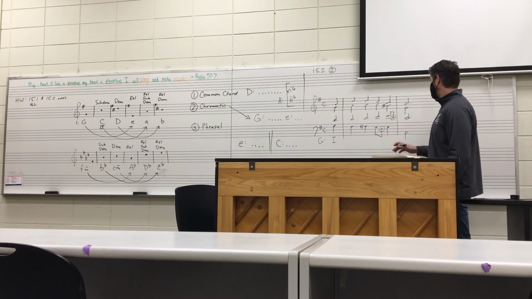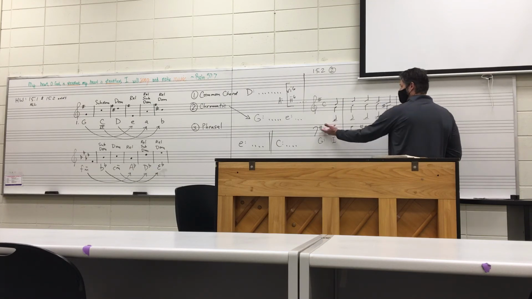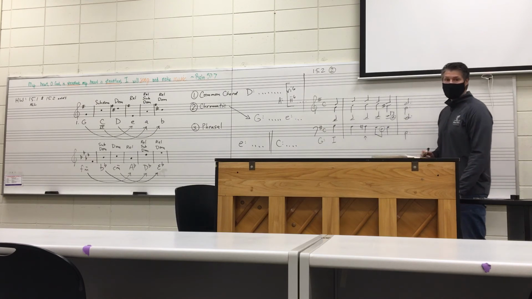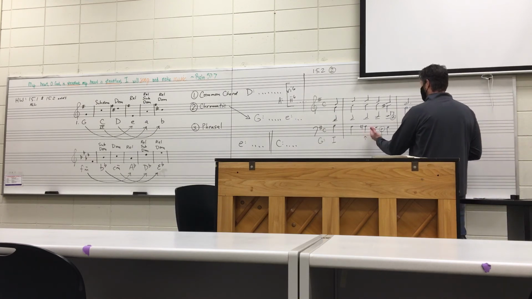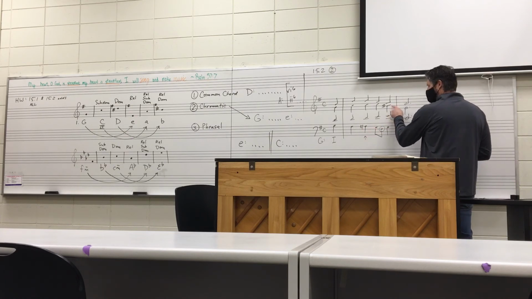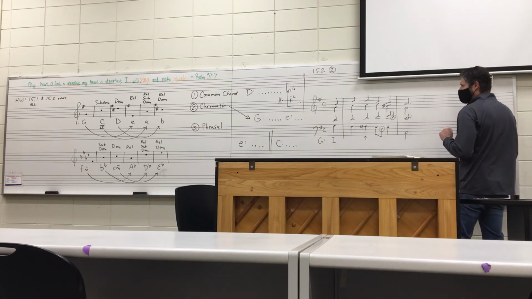So I notice my first accidental here is an F natural. I only had one accidental in the key signature, and now we're taking it away already. And then we've got a G sharp over here. This looks interesting.